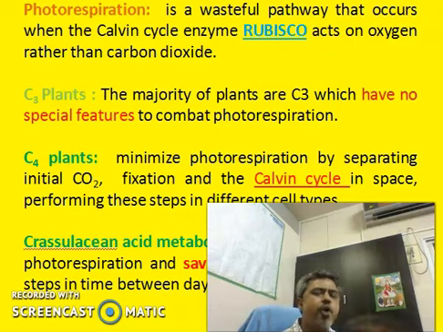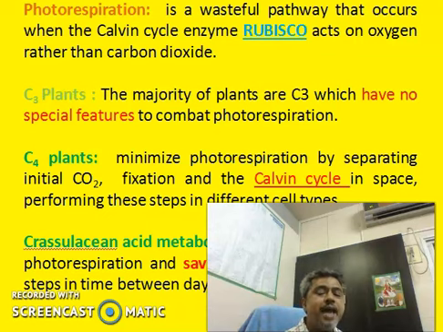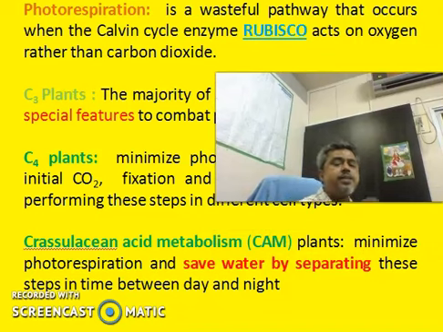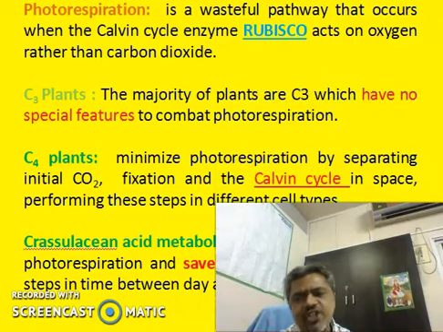Whereas C4 plants minimize photorespiration by separating initial CO2 fixation and the Calvin cycle in space, performing these steps in different cell types. Crassulacean acid metabolism plants minimize photorespiration and save water by separating these steps in day and night time.